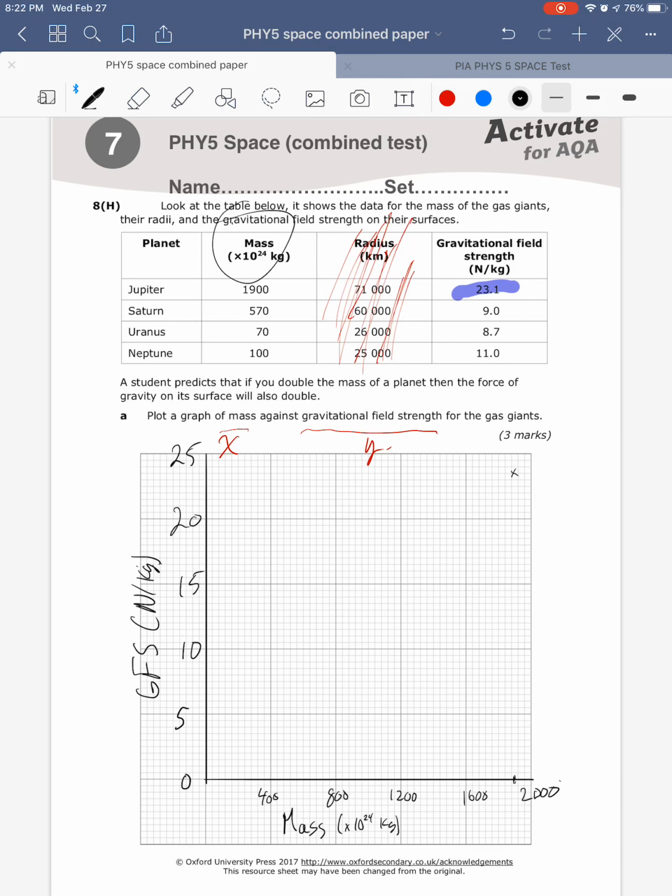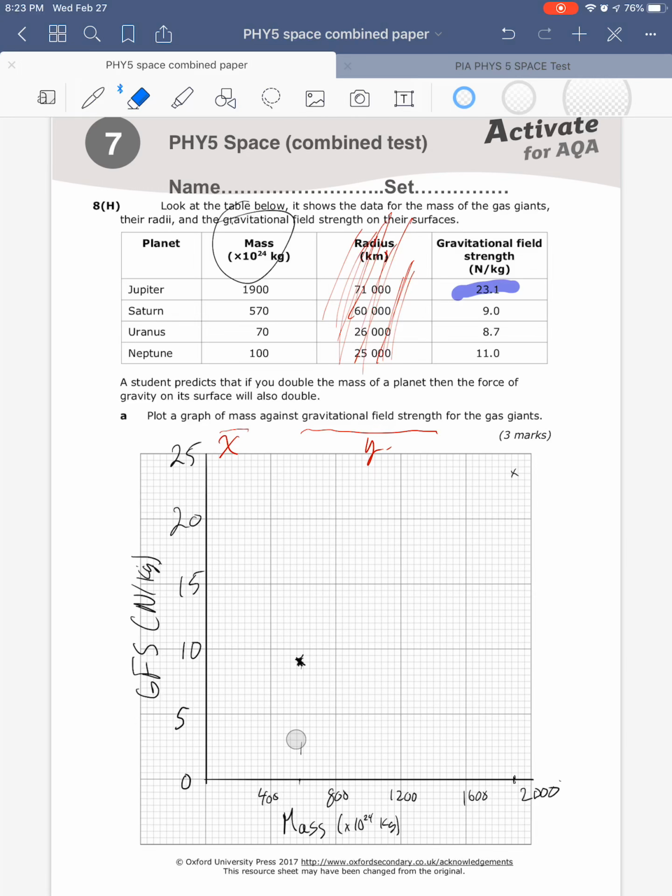Now let's do Saturn, 570. That's 480, 520, 560. So it's that line there, and it is 9.0. Convention is to do a cross.